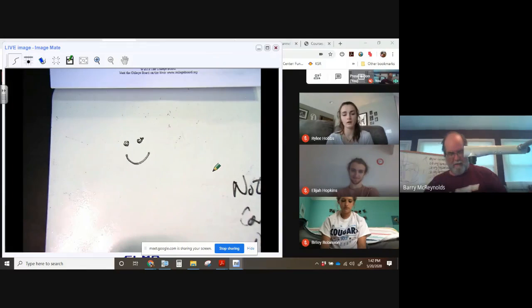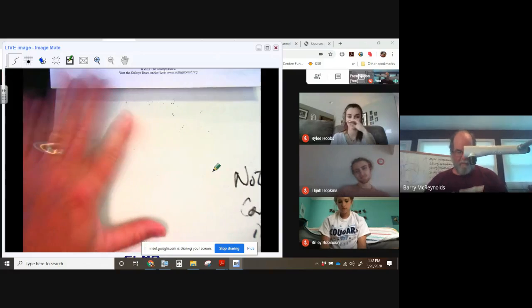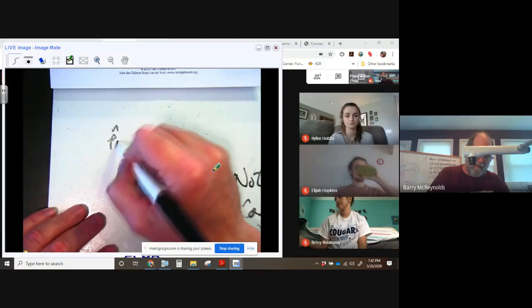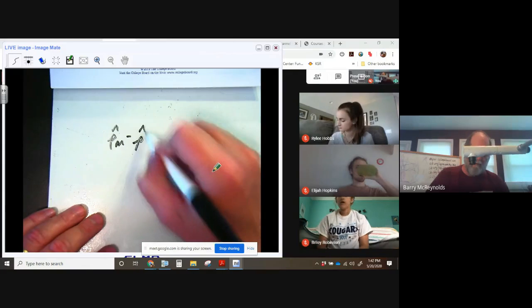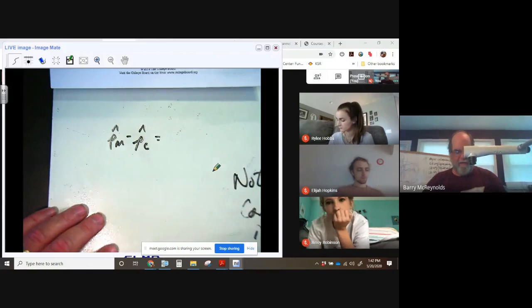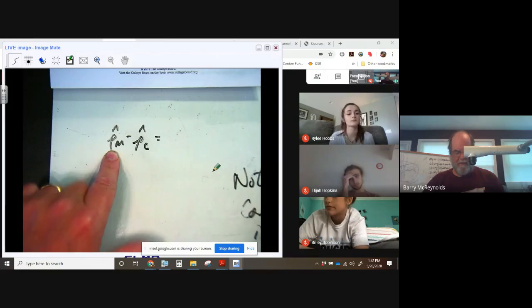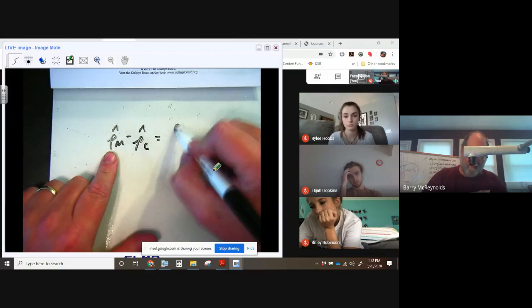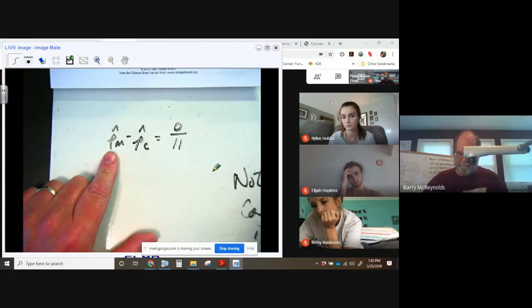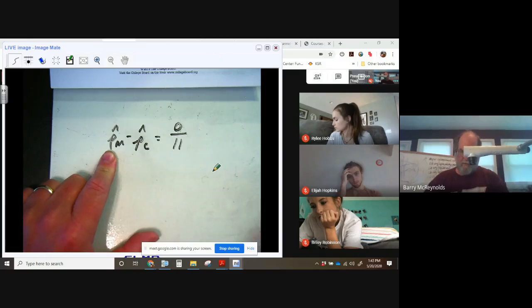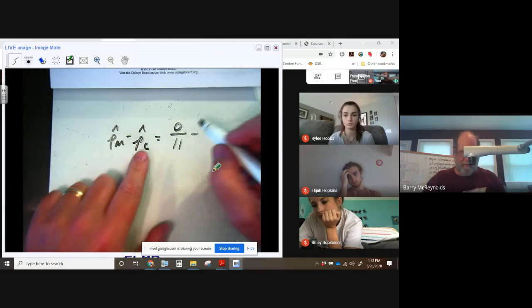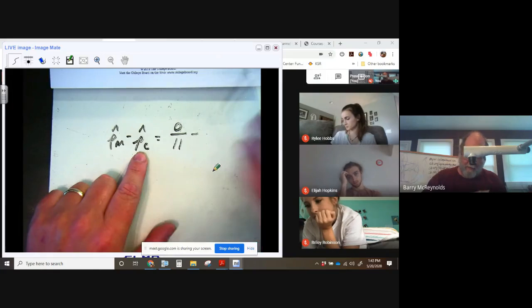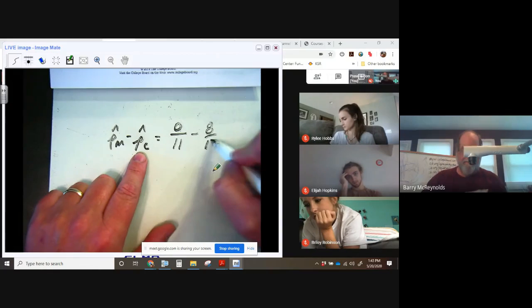Yeah, okay. All right. So what we're testing here is the difference p hat of m minus p hat of c. And we have these values. We can calculate the proportion of men who meditate who have high blood pressure, and that's 0 out of 11. And then the proportion of men who do not meditate that have high blood pressure is 8 out of 17.